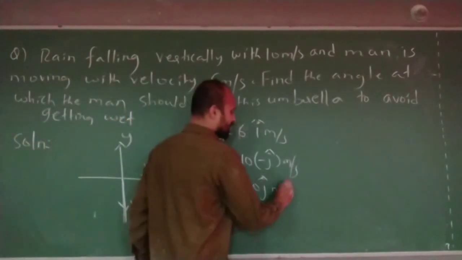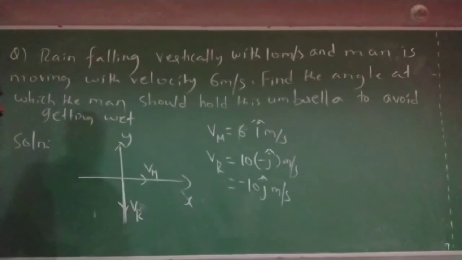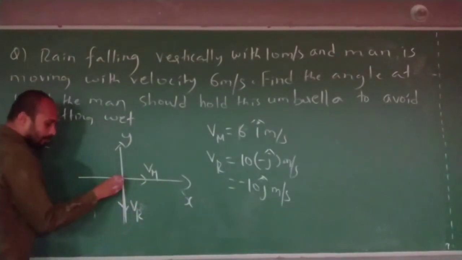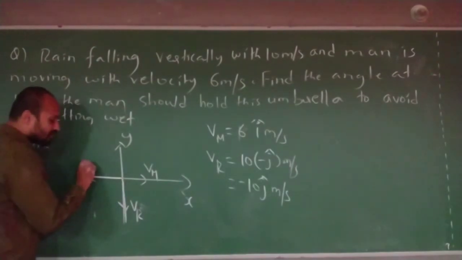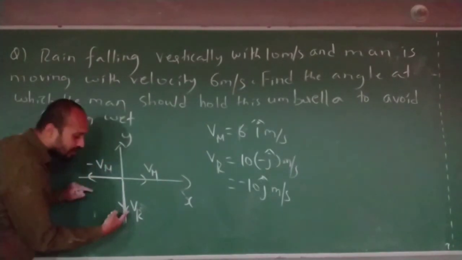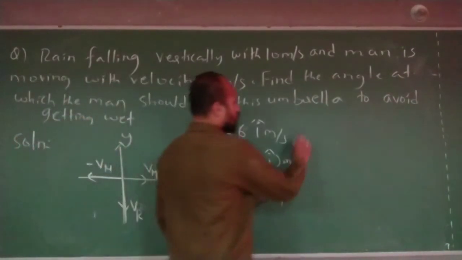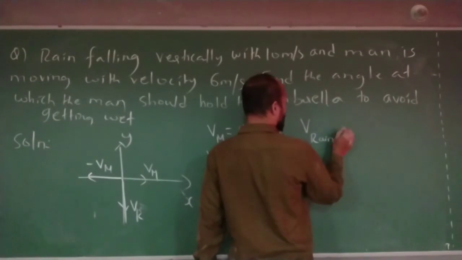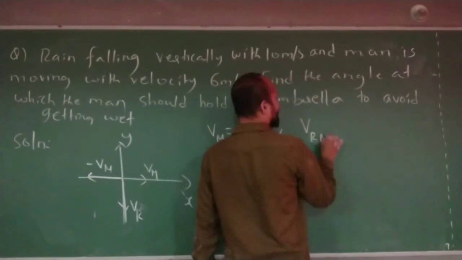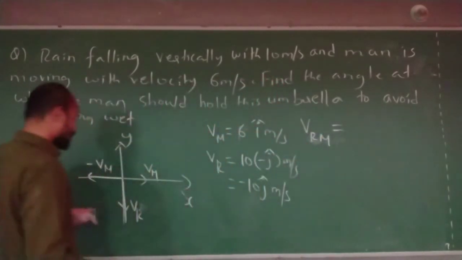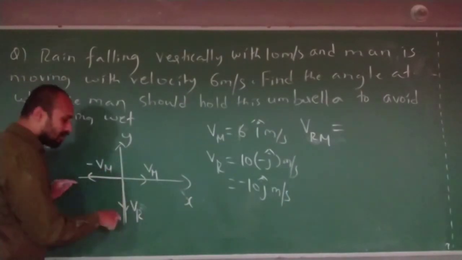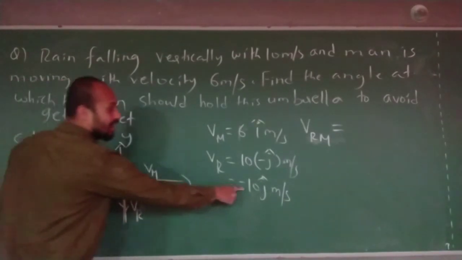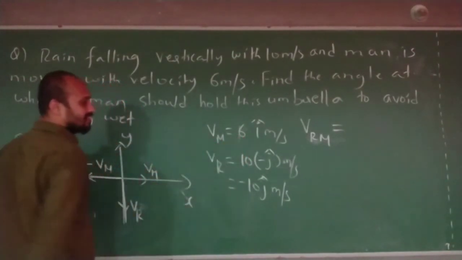So relative velocity of these two will be how much? Relative velocity of rain with respect to man means I will add the velocity of minus Vm to the velocity of rain. So velocity of rain with respect to man means it has got 2 velocities. One is minus 10j, another one is minus 6i.